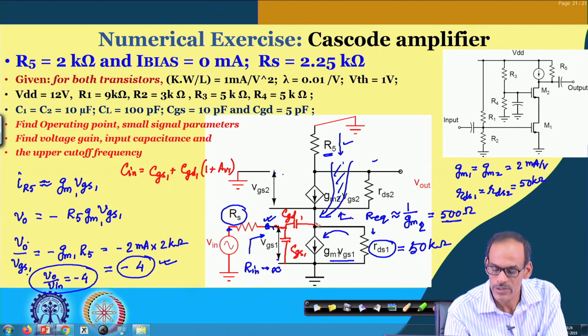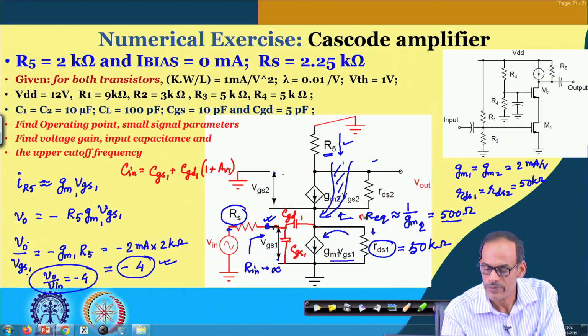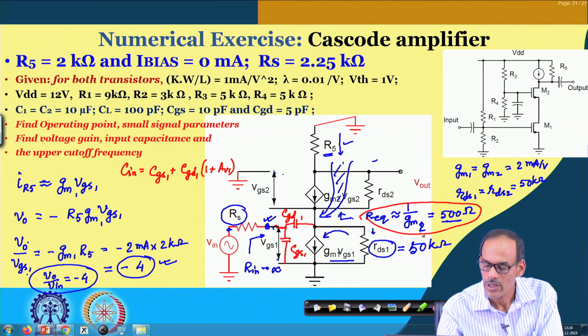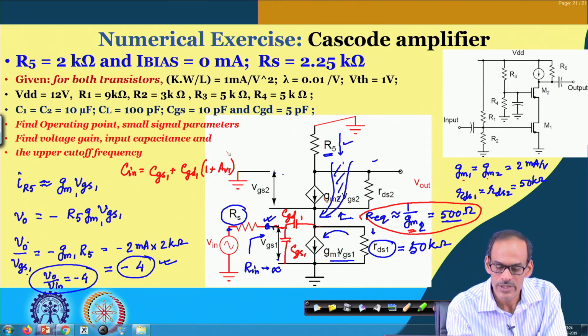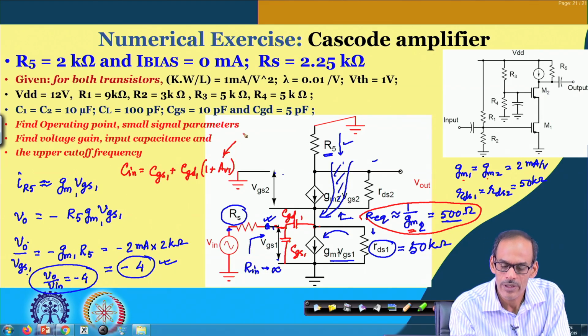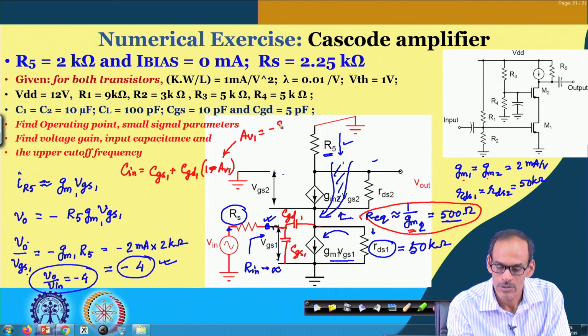Now here, if you see the gain in the presence of Requivalent, which is 1 by gm2, and since gm2 and gm1 are the same, we can say that AV1 equals, in fact I should say this is minus, minus gm1 divided by gm2, and that is minus 1.